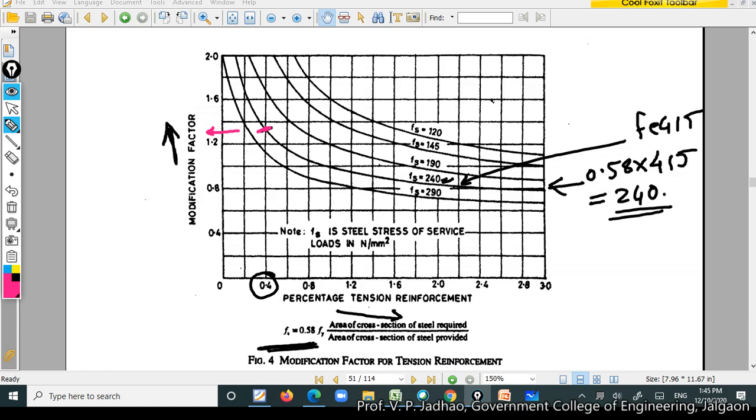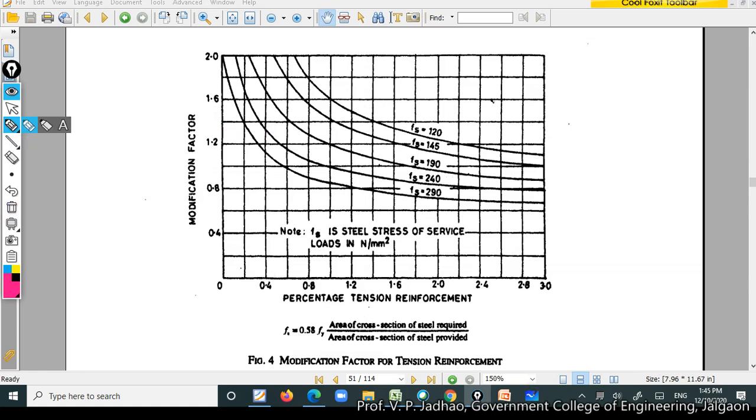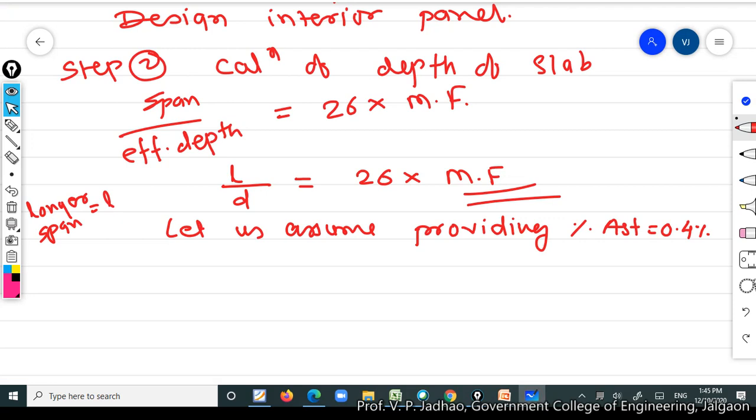So the multiplication factor for this particular case we will be getting as 1.3. This is from page number 38 of IS 456 2000. So this is how we calculate the modification factor.